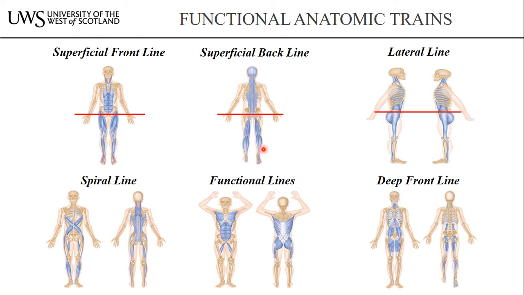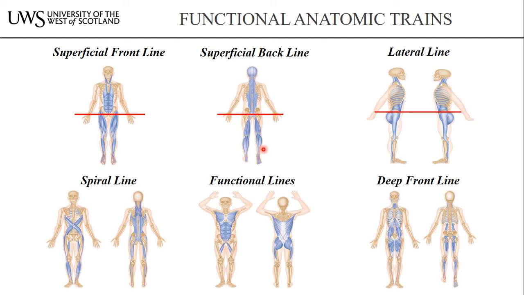So again from a postural perspective, the role of the spiral chain is to absorb, to limit, to balance forces acting on different parts of the body, trying to limit the harmful effects of these forces.